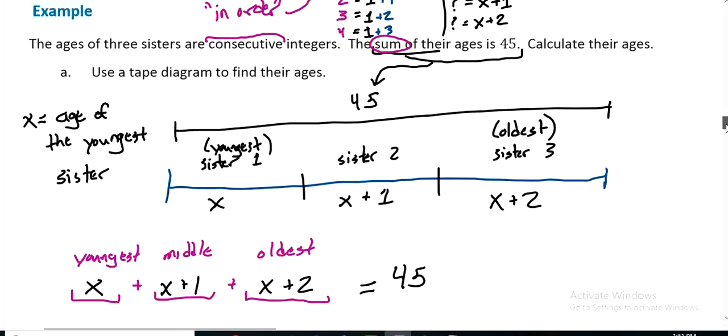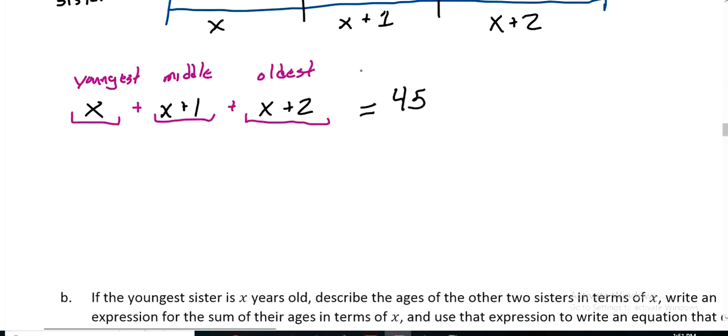Now, that's not the cleanest equation. Let's clean this up a little more. Something I notice here is we have all addition, so I can really just rewrite it like this: x plus x plus 1 plus x plus 2 equals 45.